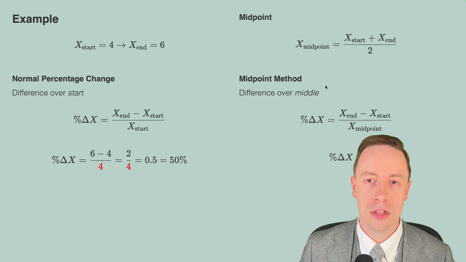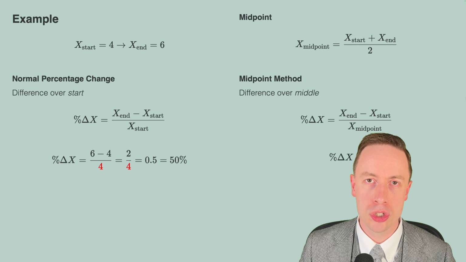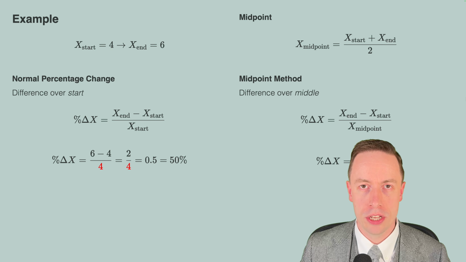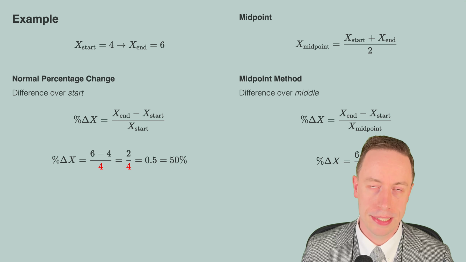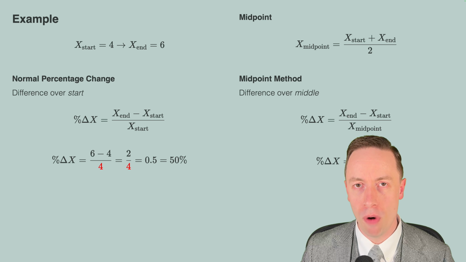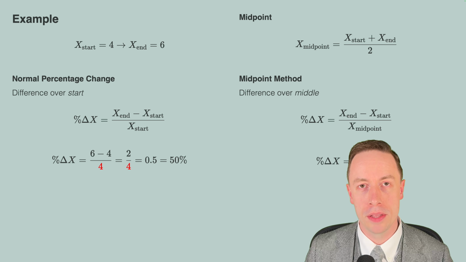Let's go ahead and work that out. So once again, working out the percentage change between the exact same two numbers here, 4 to 6. We are still calculating our difference as 6 minus 4. The difference is we're going plus 2 on the variable x. But instead of dividing by 4, notice here in green, we're dividing by the middle.